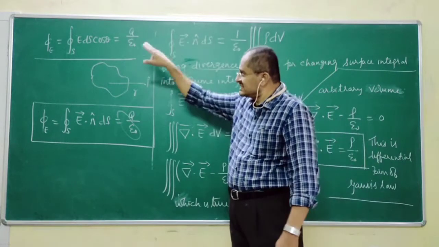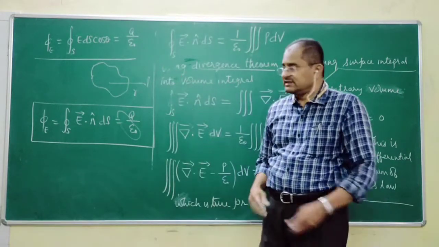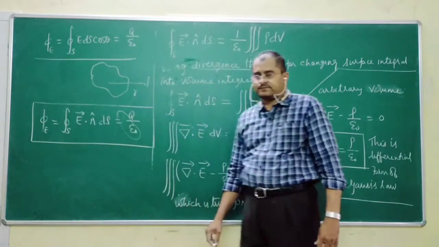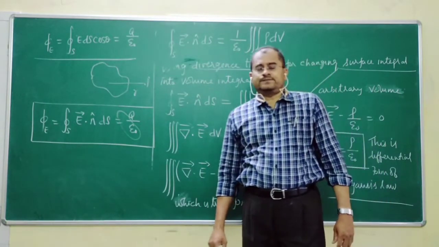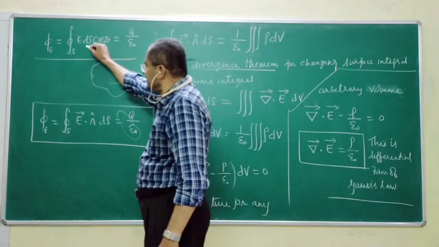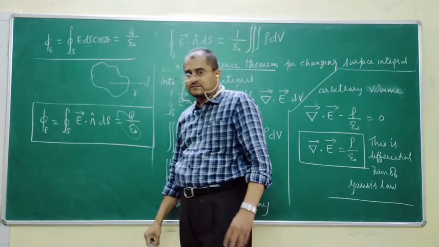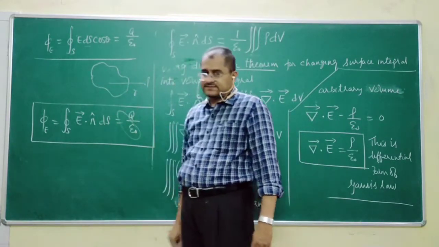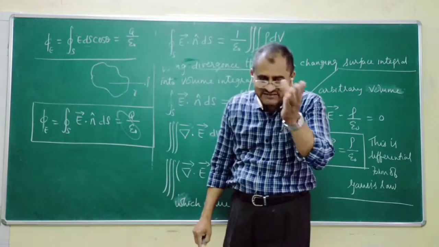The problem with this integral is this is an arbitrary closed surface. To get the area of the surface, dS has to be integrated. Only then you will get the area of the surface, which means dS is a variable.